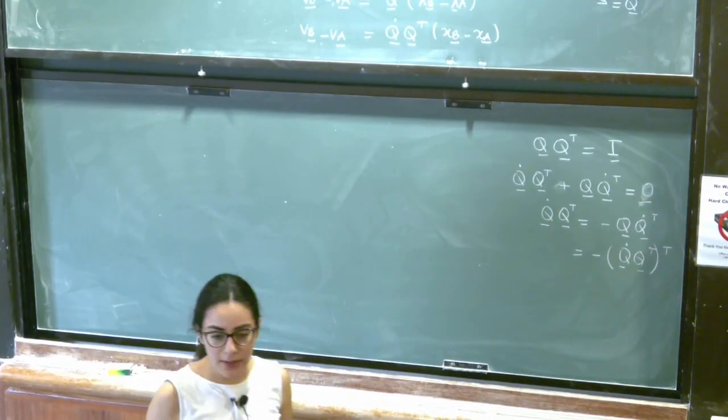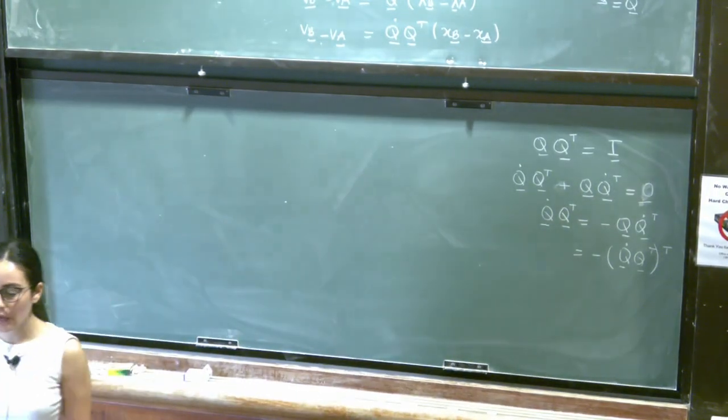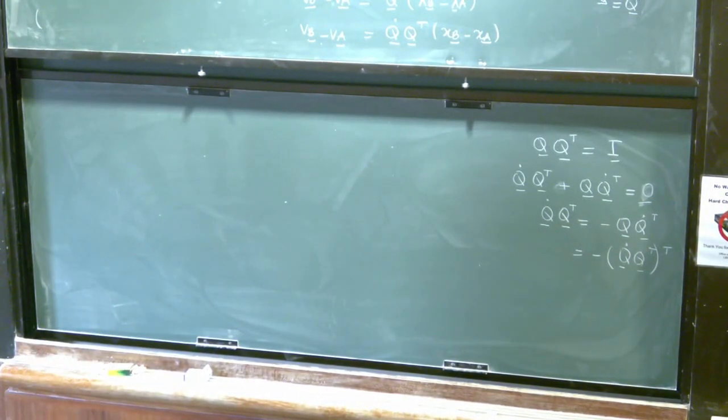So if a matrix and its transpose are the same, what does this say about the matrix? Then it's symmetric.